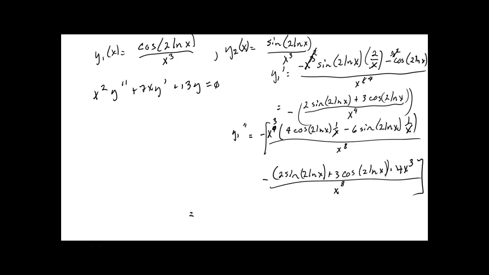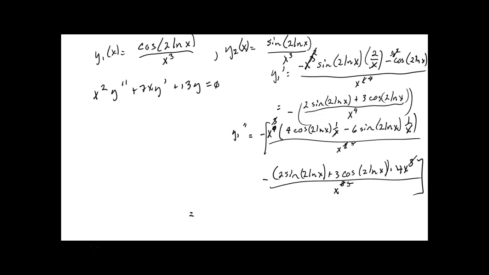Now this x cubed and this x cubed will wipe out and make this x to the 5th. So there's my y1 double prime.